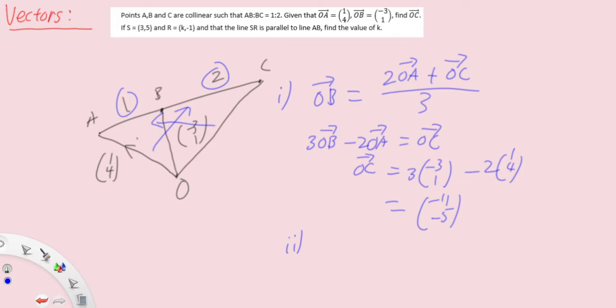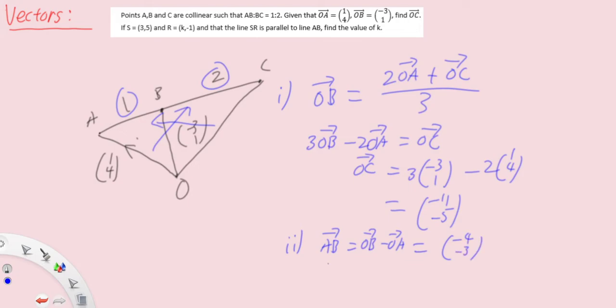So let's first find the vector AB. Vector AB is simply OB minus OA. And I think it's quite simple. That gives (-4, -3).